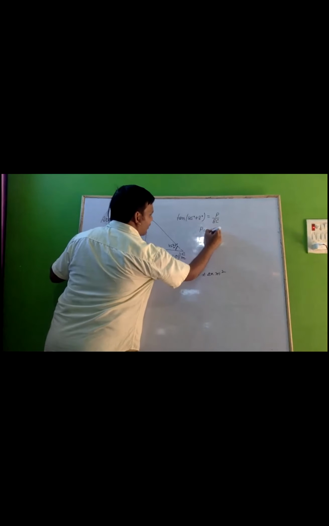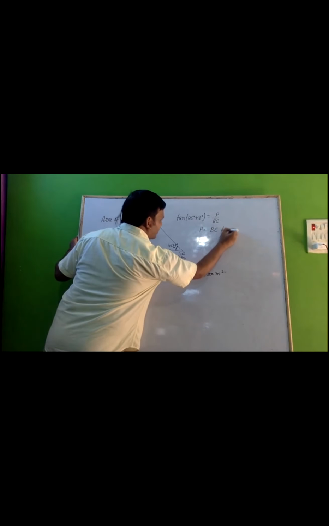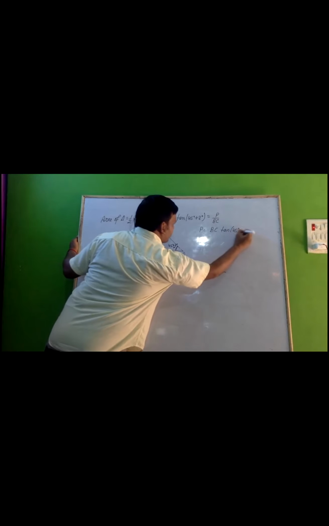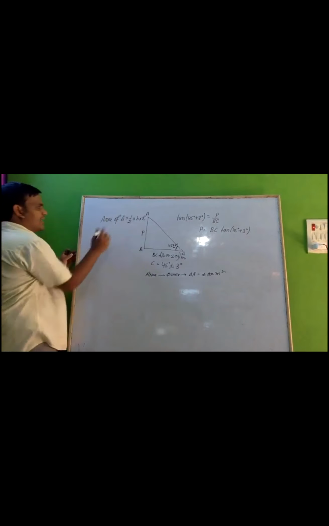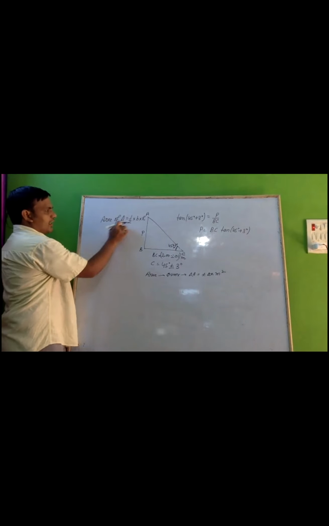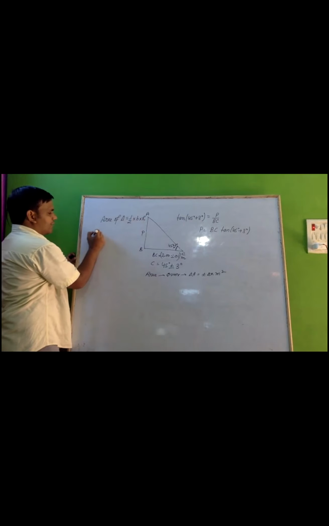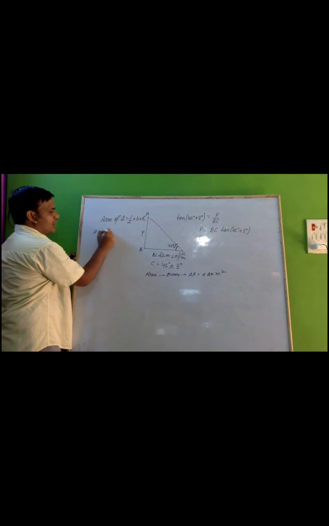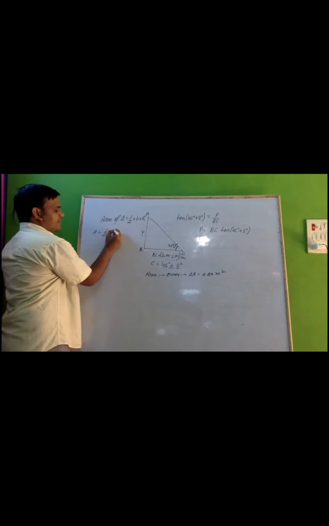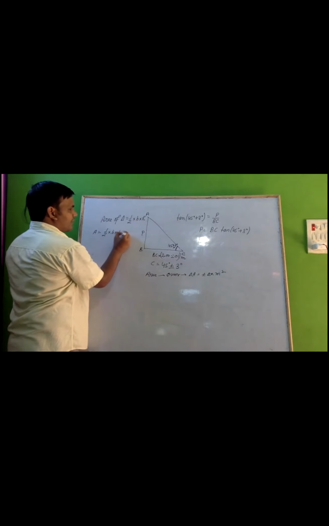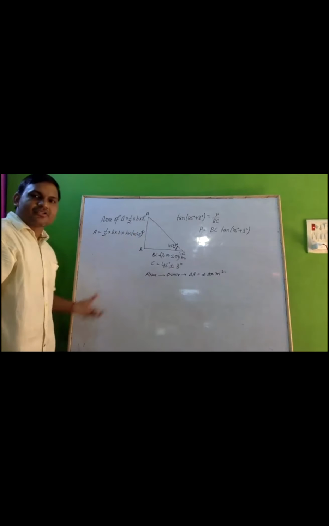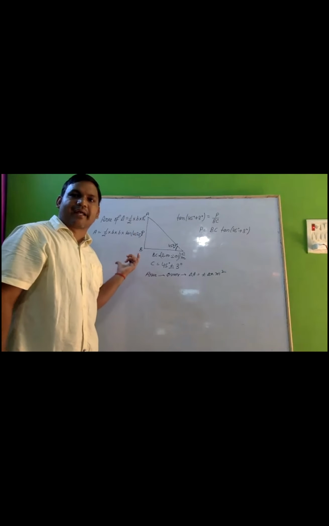The perpendicular P will be BC tan of 45 degrees plus 3 minutes. So you can write the area of triangle A equal to half base times height, where the height is the base into tan of 45 degrees plus 3 minutes. This can be written in this manner.